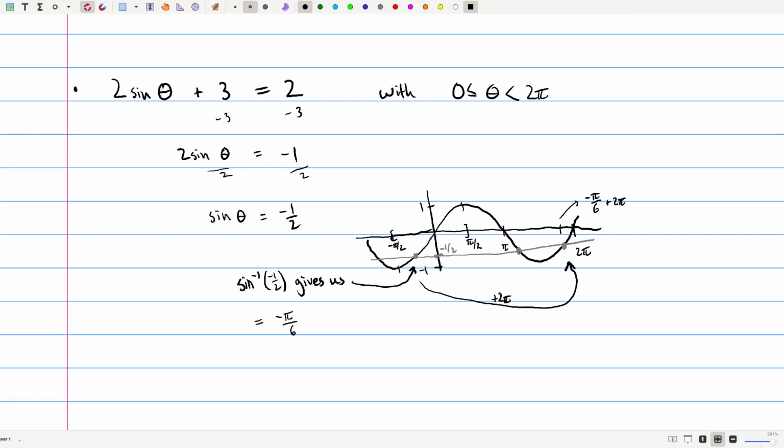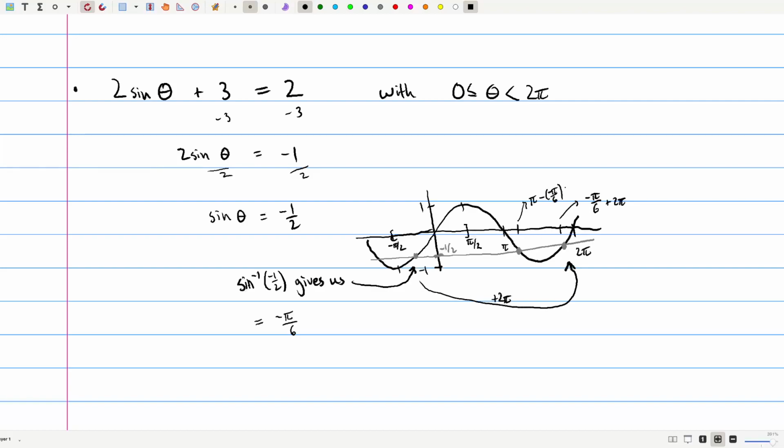And then we also can use some sort of symmetry here. We're going down by pi over 6, but we can then, from pi, go up by pi over 6. So this one would be pi minus negative pi over 6.